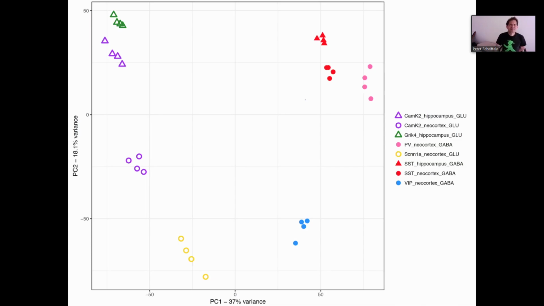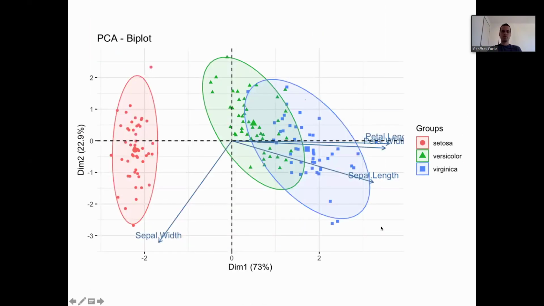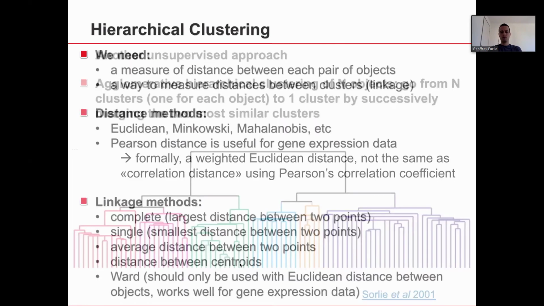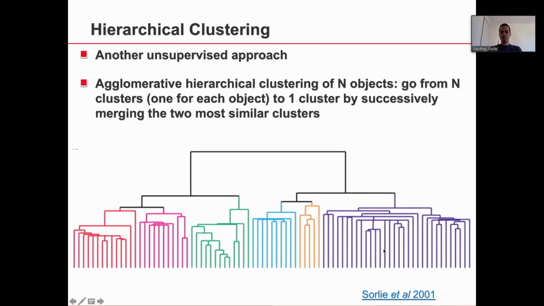Yeah. So the good news is that hierarchical clustering is not as abstract to consider, sort of geometrically, or algebraically, I should say. The basic idea is that we have this agglomerative clustering of n objects. So what we do is we start with, let's say, sample 1. Let's make it simple. Let's say we start with a sample here, and then we compare it against all of the other samples.